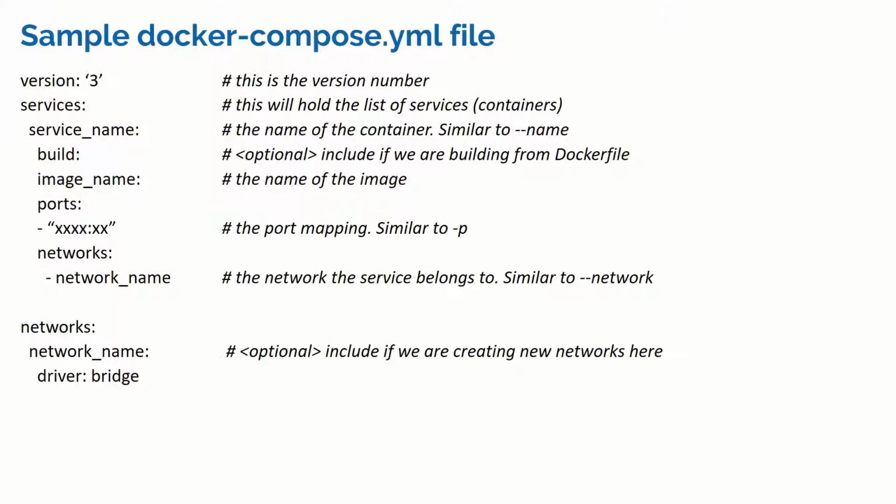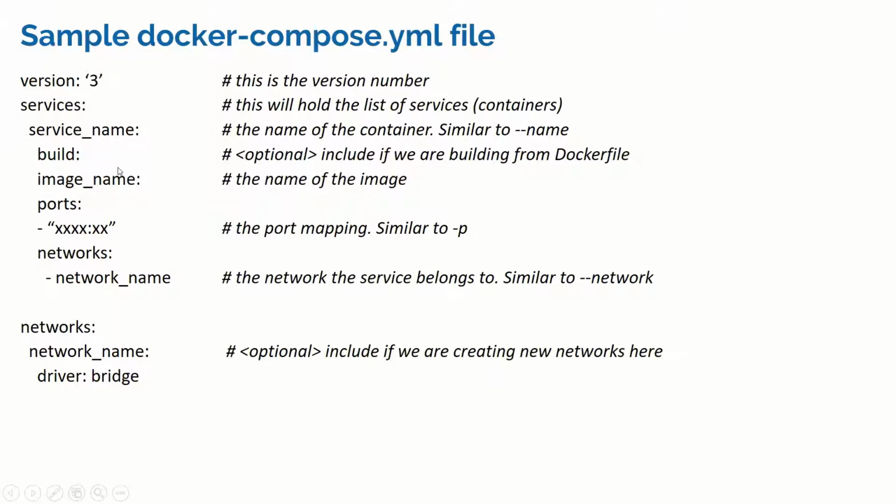So for each service, you have the service name, which is very similar to your Docker run --name. So you're going to put the name of the service or the name of the container over here. There is an optional line which is build.